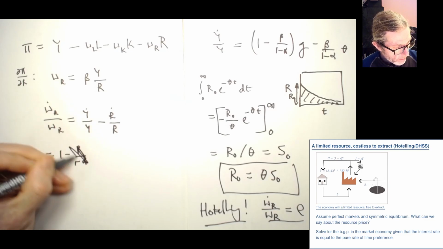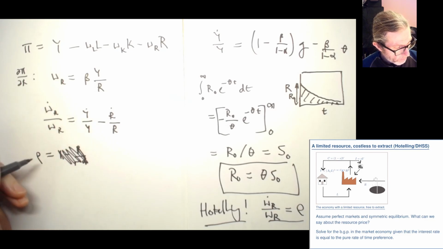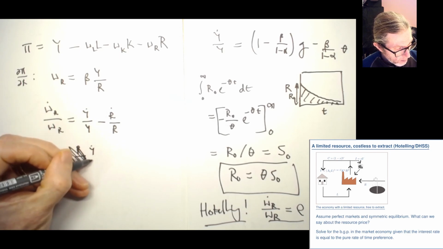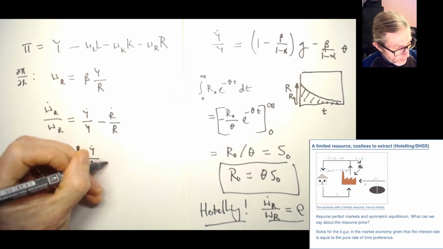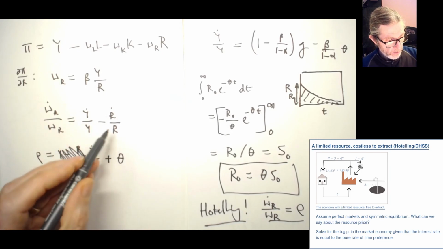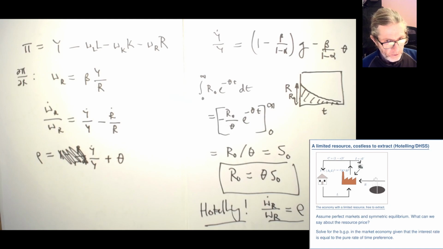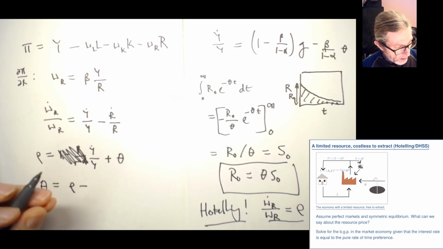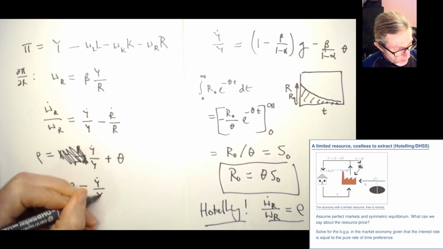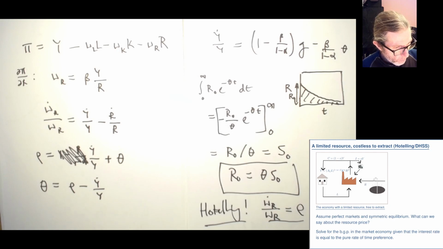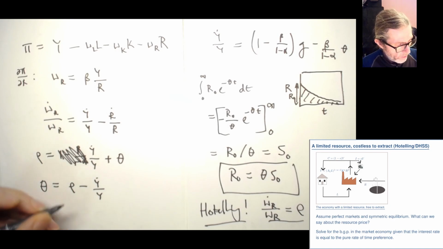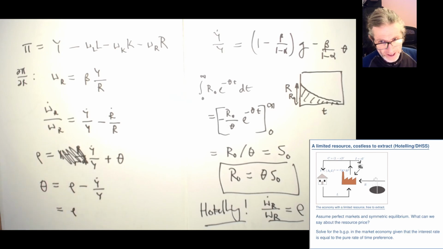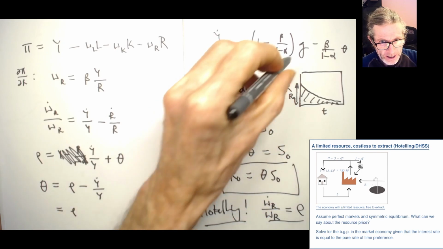So basically, we've got a lot of things that we know plus theta, because WR dot over WR is rho. I'm going to leave it in terms of Y dot over Y. Rho is Y dot over Y plus theta, right? Because R dot over R is minus theta. So theta is rho minus Y dot over Y. I do need to substitute in for Y dot over Y from up here.